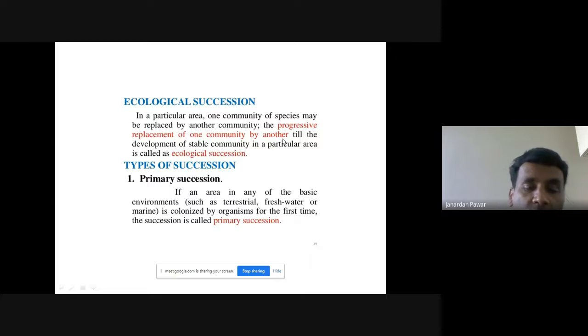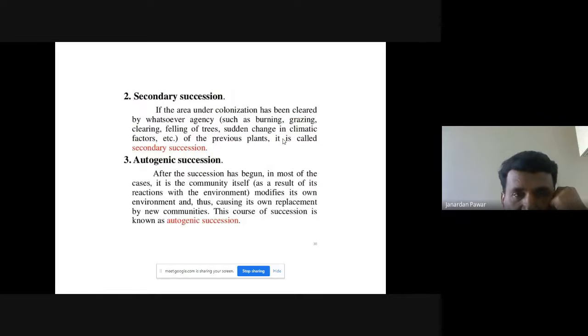So the succession which takes place in fresh water, in marine water, and in terrestrial areas, the organisms that we can find there, that kind of succession is called primary succession. So this is primary succession, if I'm not wrong.